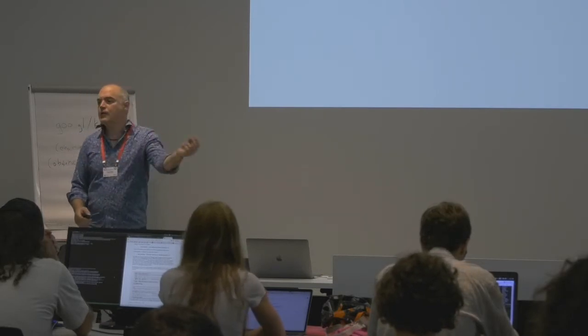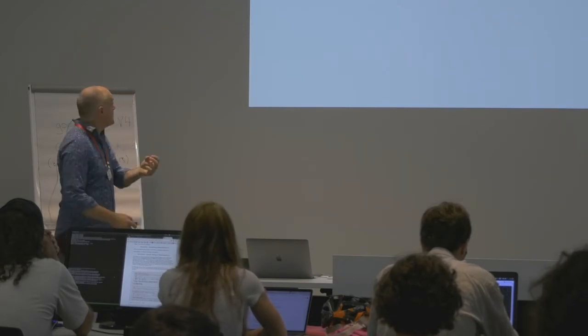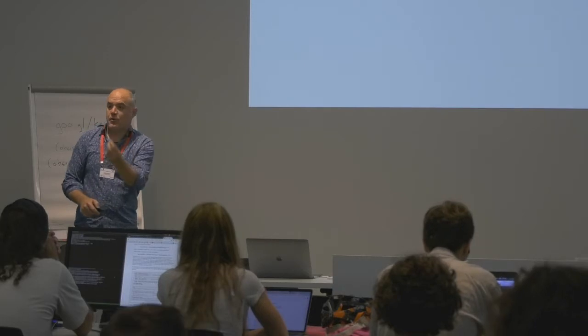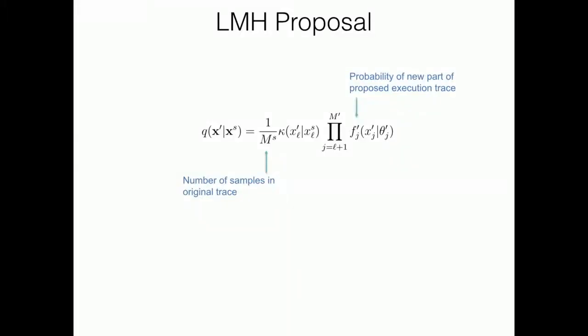We're going to pick 1 over MS of these choices, and then change the value of that using some proposal kernel for that particular choice. Then we're simply going to run the program to the end again, given a change to the value at that particular sample point.